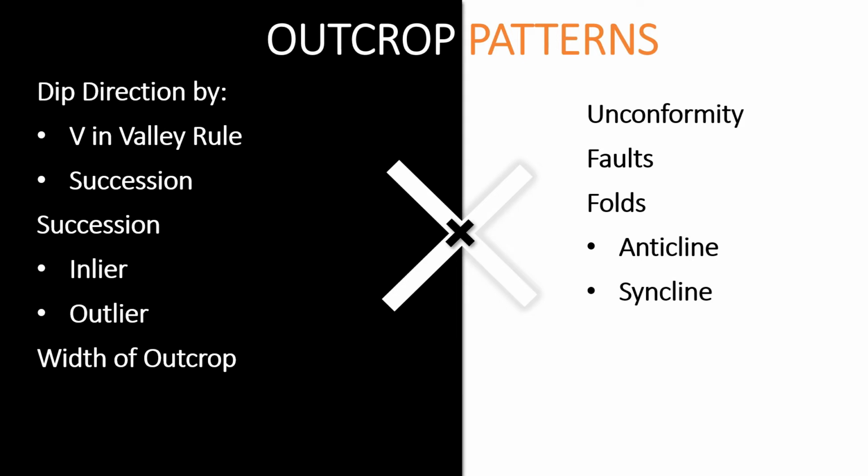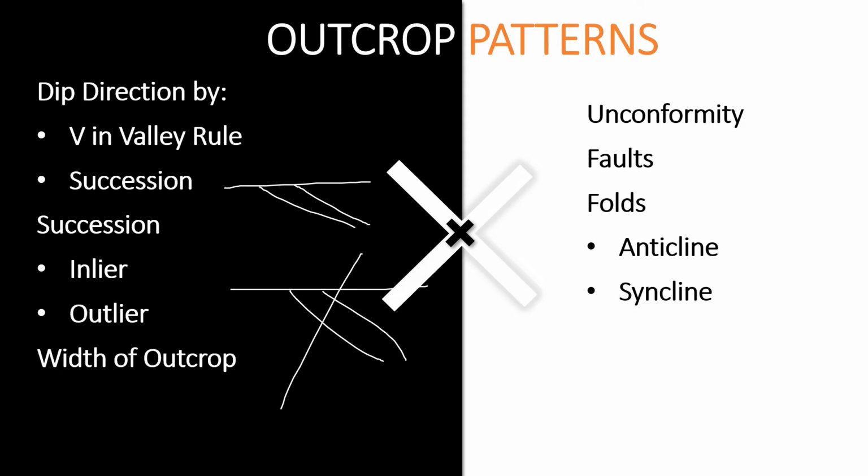So faults cut across outcrops and displace the outcrops. Let's compare two surfaces, one that has no fault and one that has a fault. Let's say this is a surface, and this surface has a fault there. As time goes by, when this surface has a fault, it would displace the outcrop.